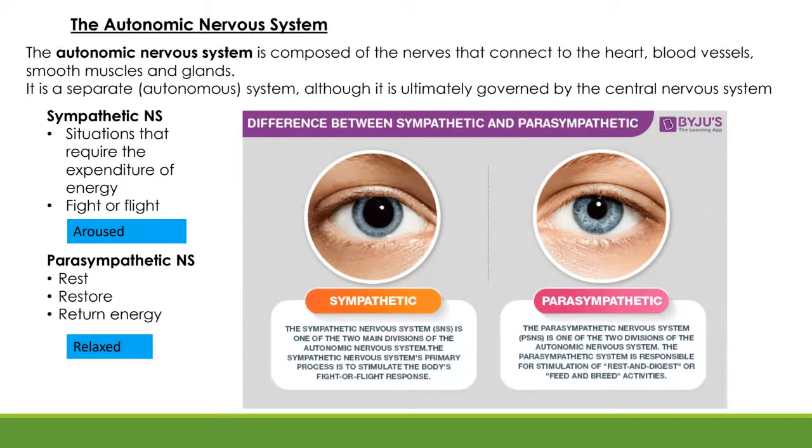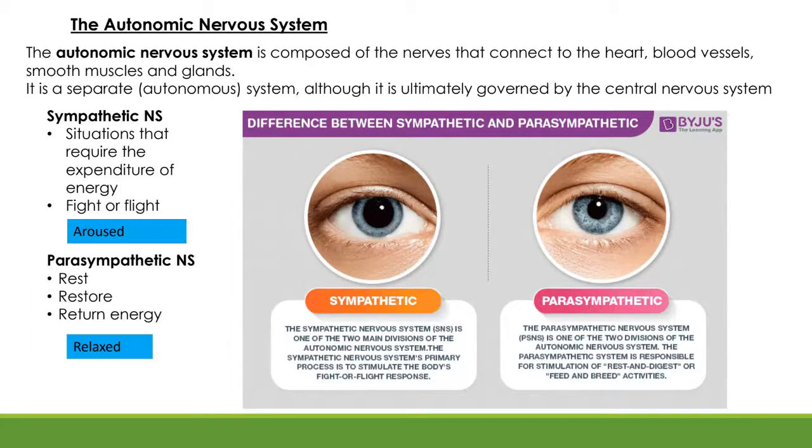Situations that require an expenditure of energy in our bodies, which we call fight or flight or arousal, to respond to something, that is what our sympathetic nervous system does. It creates that ability to have fight or flight when a situation occurs and we need to respond to it. That's what the sympathetic does.